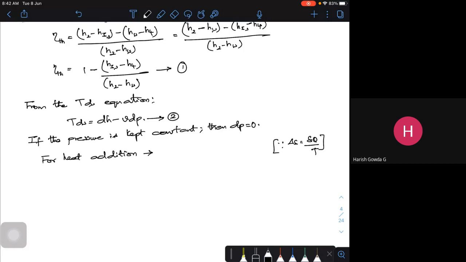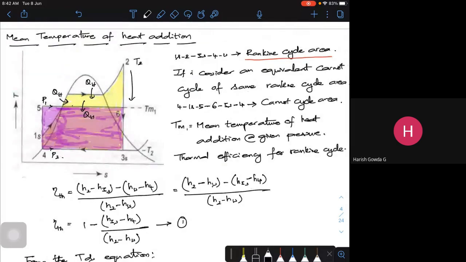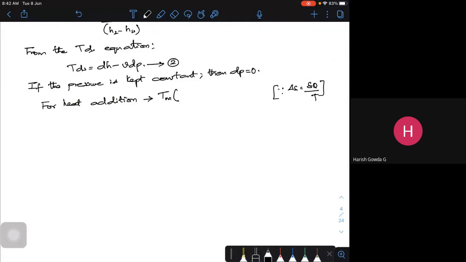So heat addition, del q, is equal to Tm, the temperature, into the change in entropy, which is S6 minus S5. This is equal to dH, that is H2 minus H1, from the TdS equation.